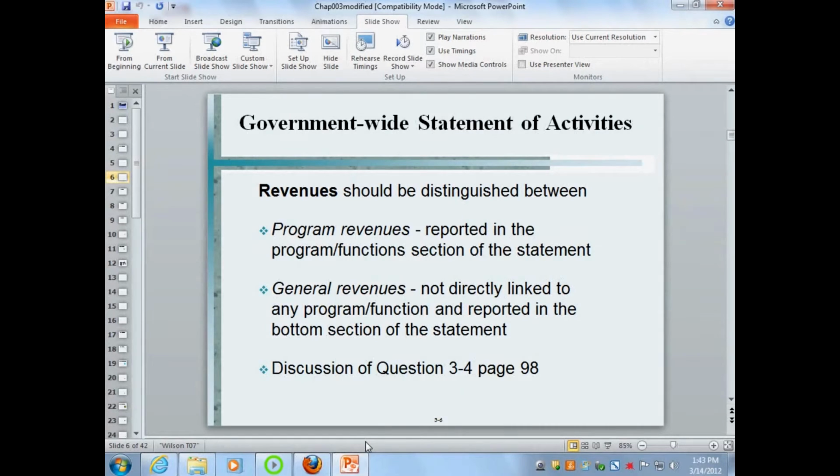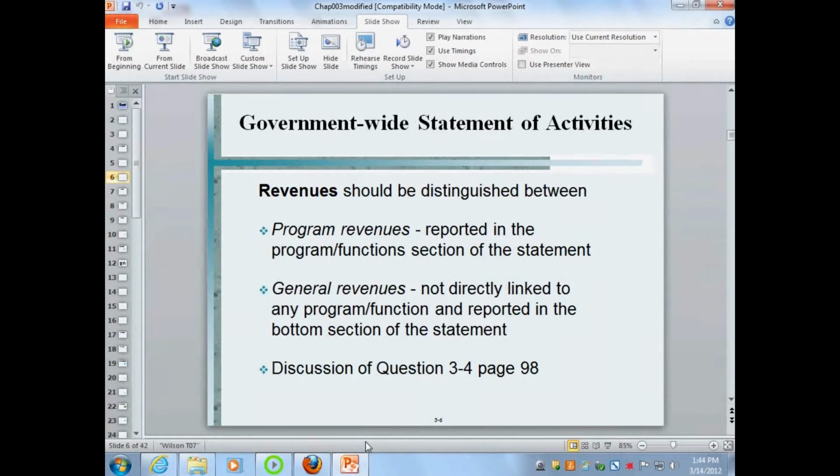Okay, good. So let's take a look at the first one. The first question is, an unrestricted operating grant that can be used at the discretion of the city. Is that general revenue or program revenue? Why do you say general revenue? Because it's unrestricted. If it was a grant, for instance, to buy some police cars, where would you show it?